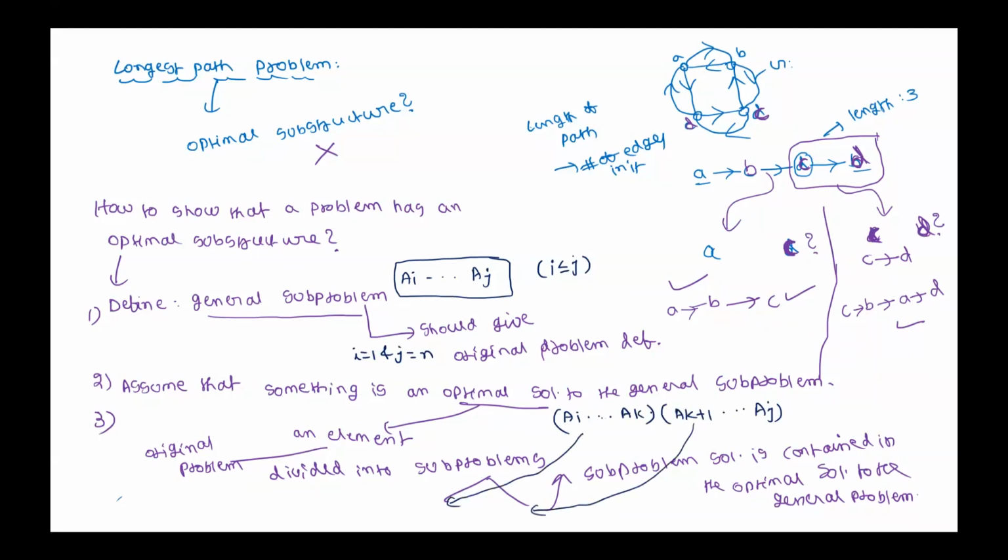Now what do we need to show? The A_i to A_k solution is this only. That means whatever procedure we followed inside to calculate A_i to A_j, the same procedure we follow for A_i to A_k, and similarly A_k+1 to A_j. If that is shown, then we can say that the optimal substructure property has been shown.